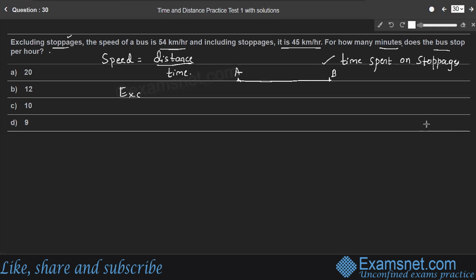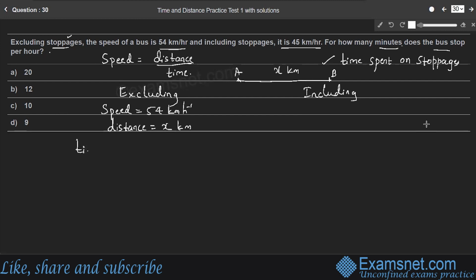We'll consider excluding stoppages and including stoppages separately. Excluding stoppages, the speed is 54 km per hour. Let the distance between the two places be x kilometers.